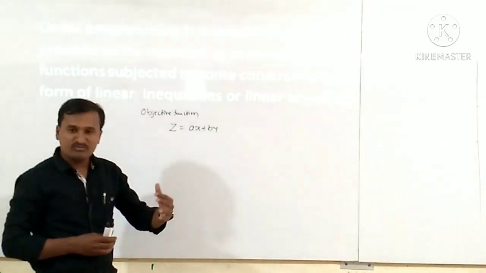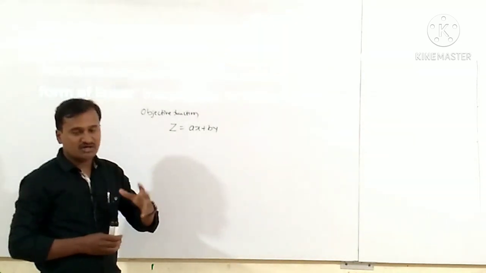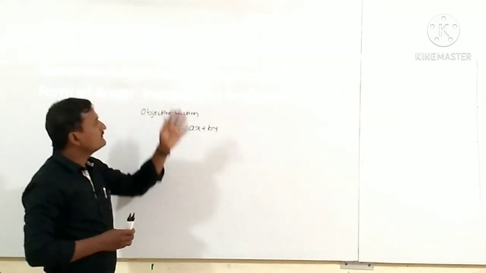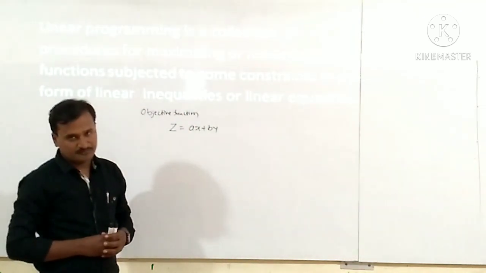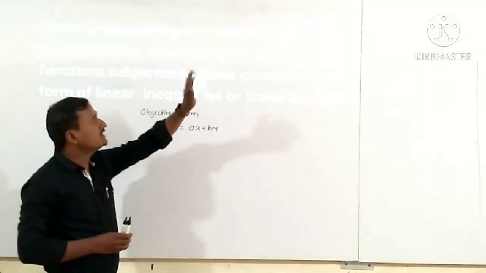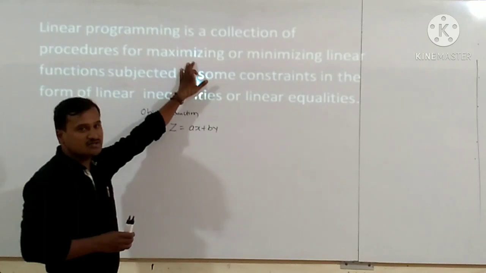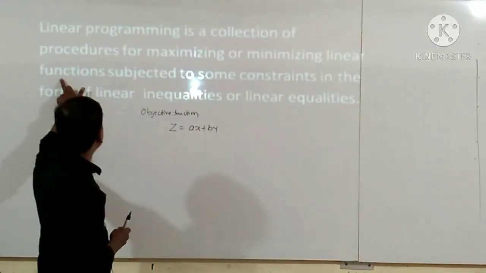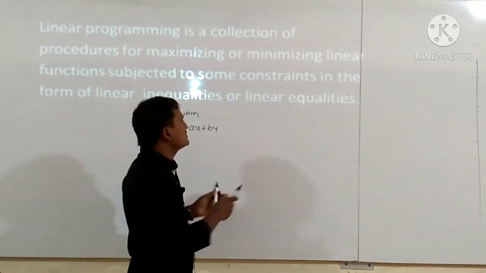Finding the maximum value or minimum value of the objective function is called a linear programming problem. It involves a collection of procedures for maximizing or minimizing the linear function subjected to some constraints.